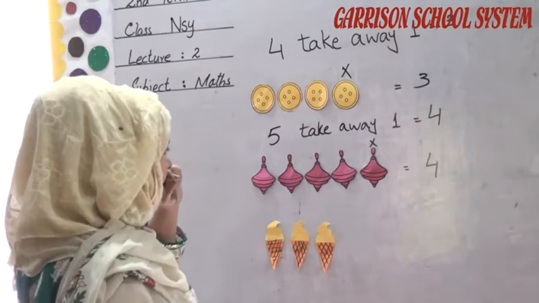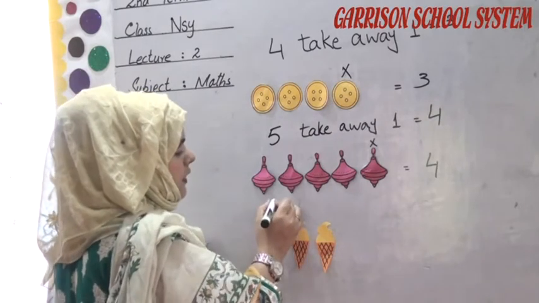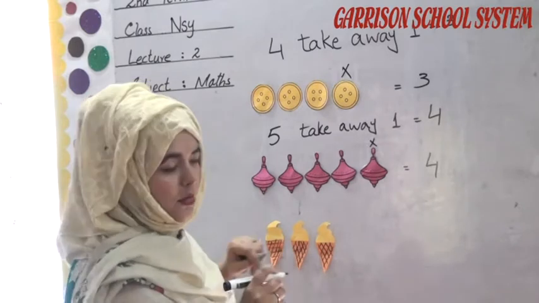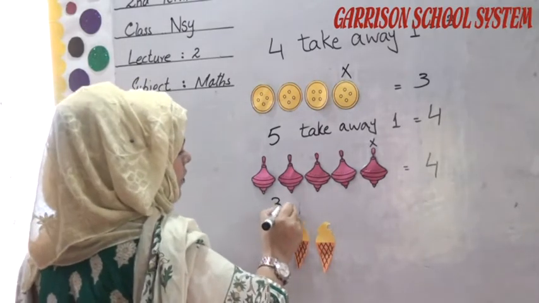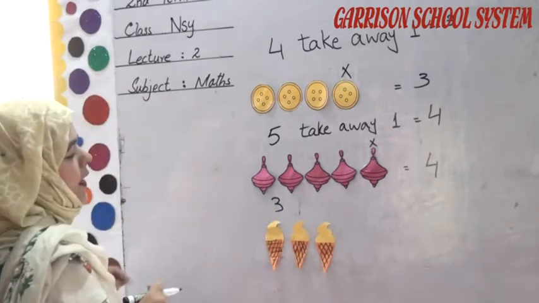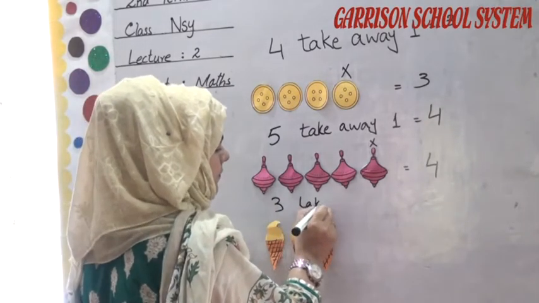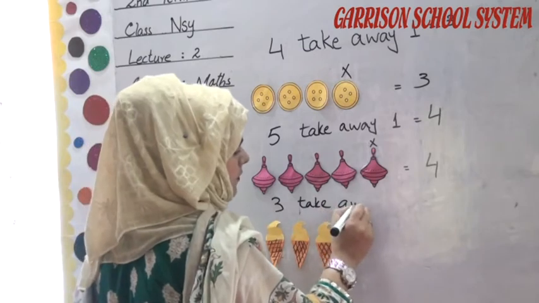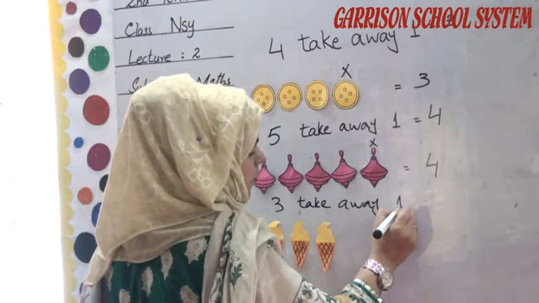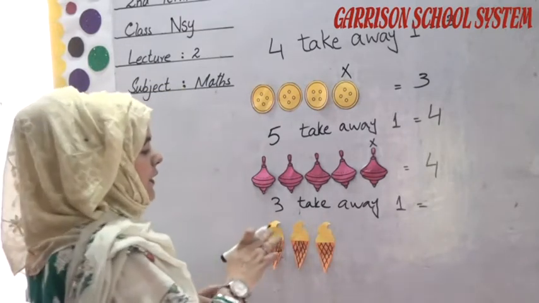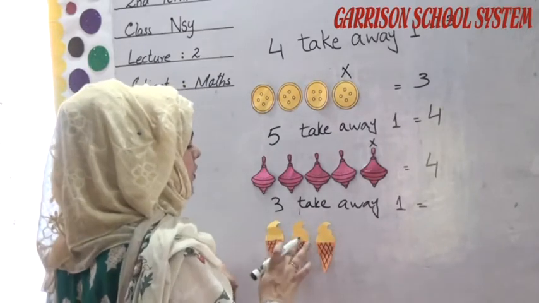We have 1, 2, 3. We have 3 ice cream cones over here. If we take away one, how much will remain? If we take away 1, so 1, 2, 3.